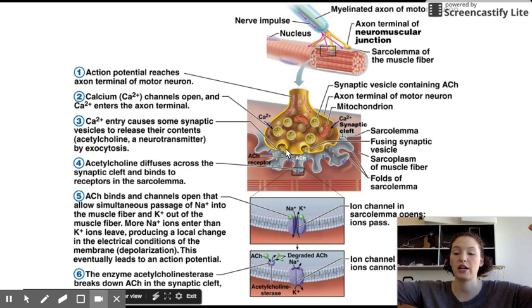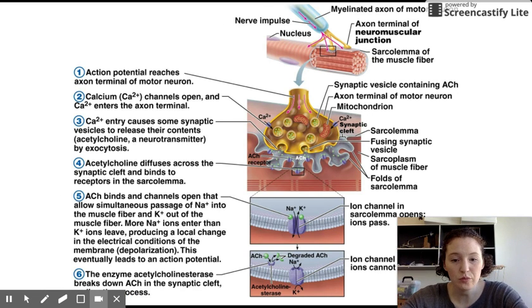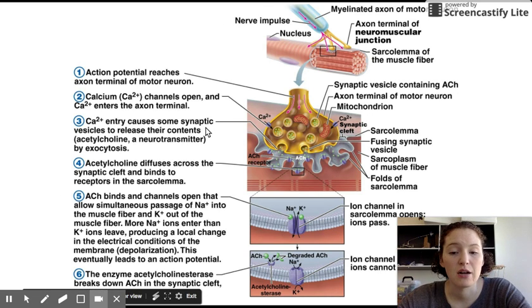Remember that bulk transport leading out of the cell. So again, a signal came that caused calcium to enter, and that calcium causes some of our vesicles to release acetylcholine into the synaptic cleft.